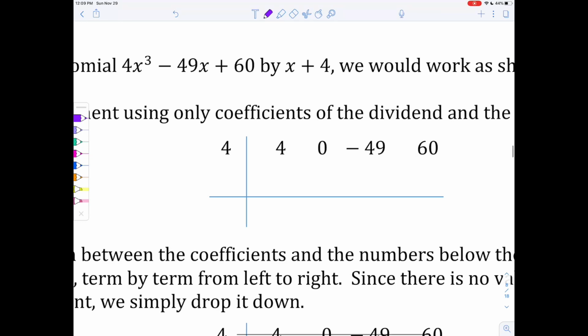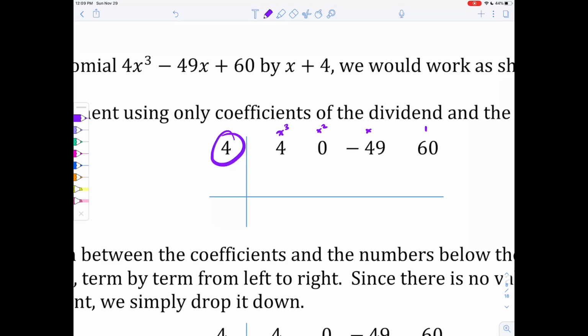So this 4 is how many x cubeds we had, because there was 4x cubed. We had no x squared term here, but we account for its presence with that 0. That's how many x squareds we have. We have this negative 49 because of this negative 49x, so that's how many x's. And then the 60 is how many constants we have, how many ones.